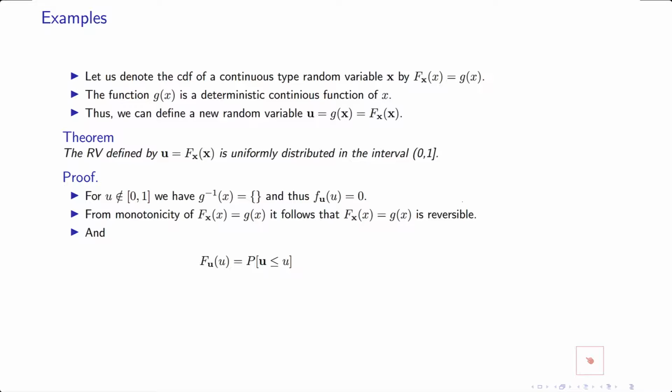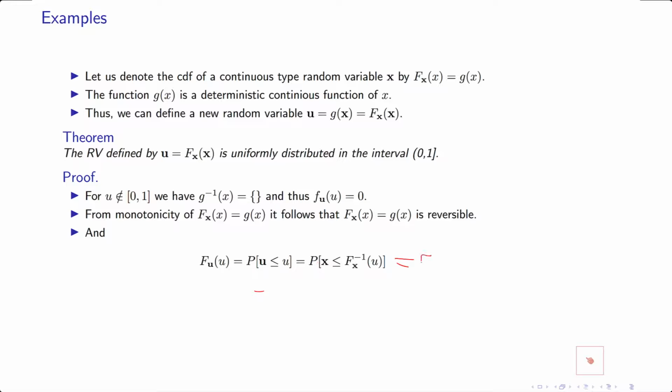By definition, F_U of u is the probability that U is smaller than or equal to u, and this is equal to the probability that F_X of x is smaller than or equal to u. You could apply the inverse of this, and because this is a monotonic function, this is equal to the probability that X is smaller than or equal to F_X inverse of u.